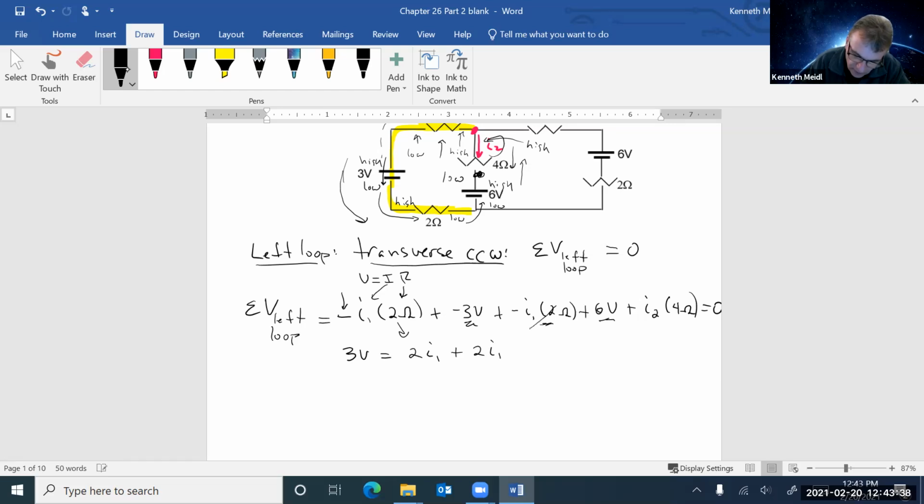So that took care of that term, and that term. And then when I bring this term to the other side of the equal sign, there's a minus, so I'm going to subtract that from both sides, 4 times I2. So what I've got here is 3 equals 2 plus 2, which is 4, I1 minus 4 times I2.